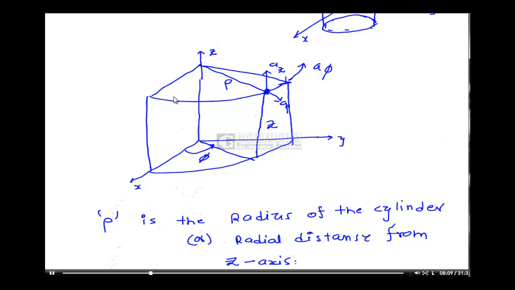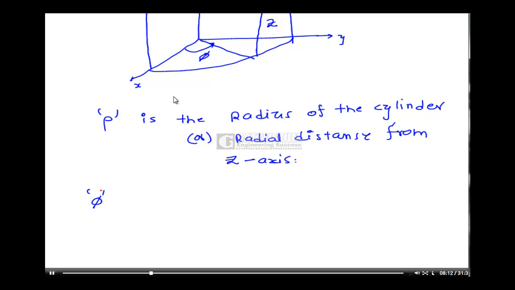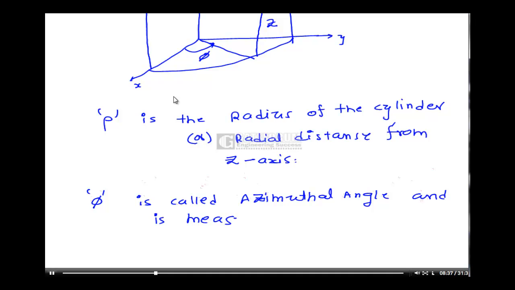Phi is called azimuthal angle and is measured from x-axis.